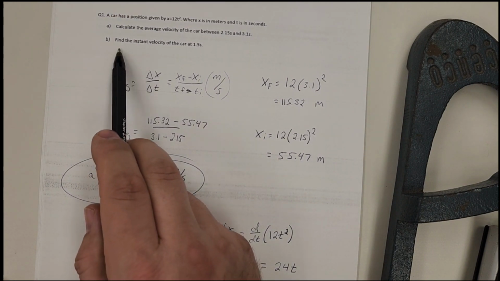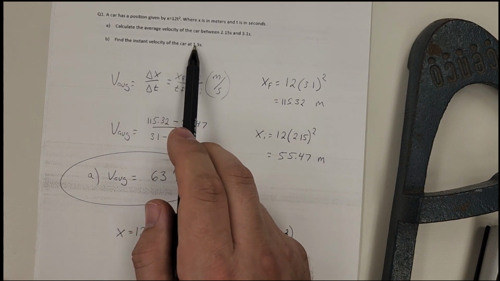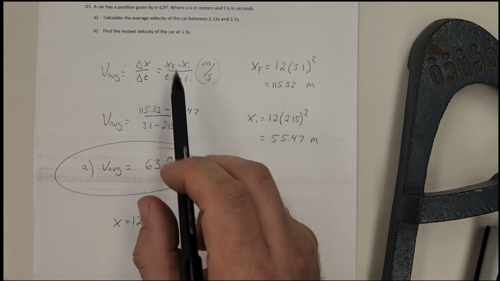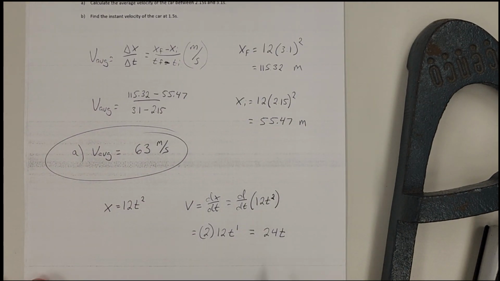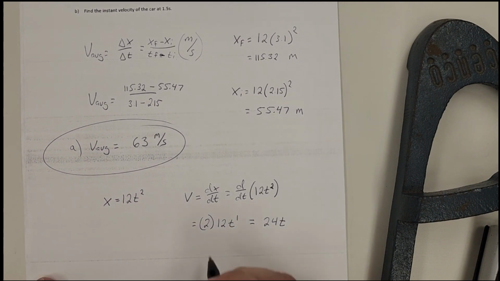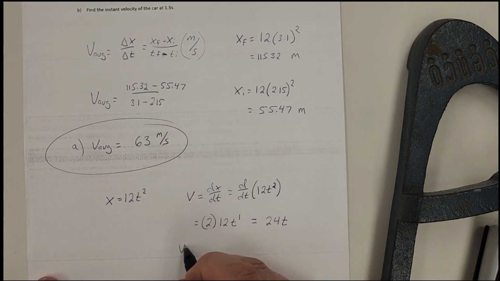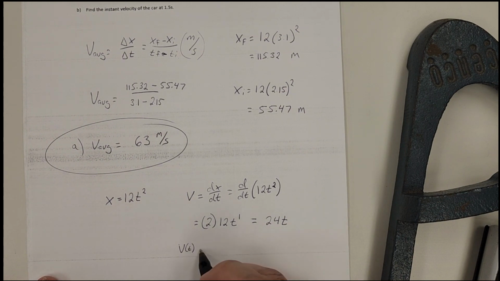So when we come back up and it says find the instant velocity at time of 1.5 seconds, all we need to do is punch in 1.5 seconds there. You also might see it written out as v sub t. That just means velocity in terms of t, or with respect to t.